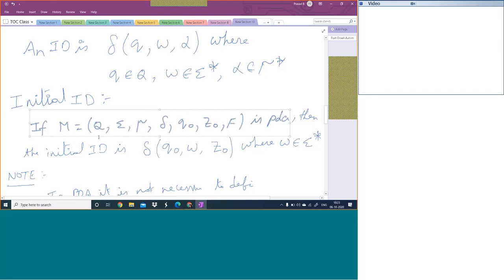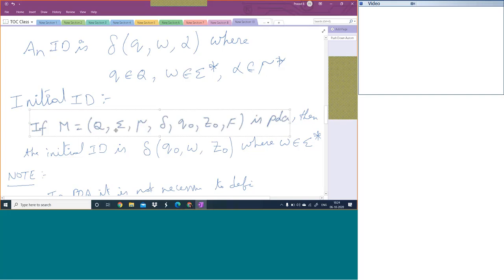By writing like this, what will you know? You will know what are the states in Q, what are the input symbols in sigma, what are the stack symbols, and what is the initial state and the initial stack symbol. Q0 is the initial state. Z0 is the initial stack symbol. And what are the final states? Everything will be known by giving this structure.